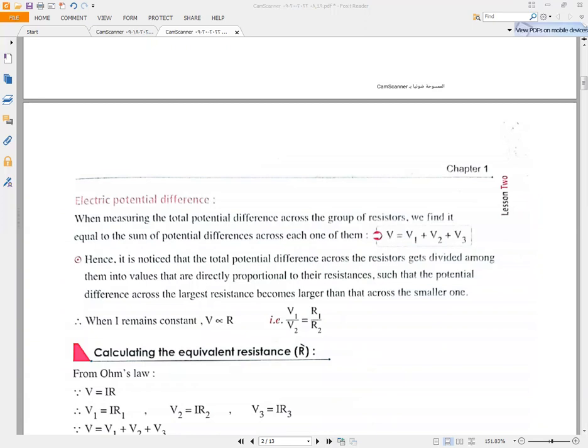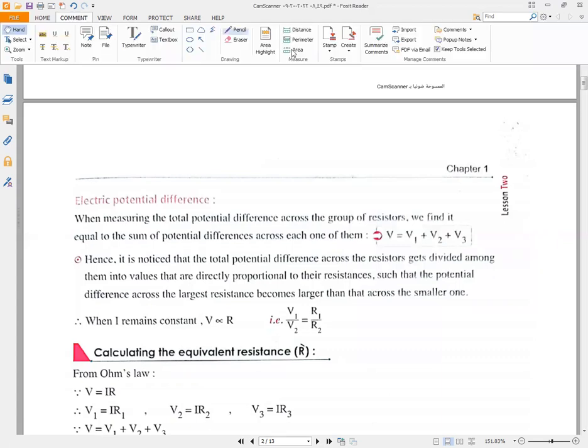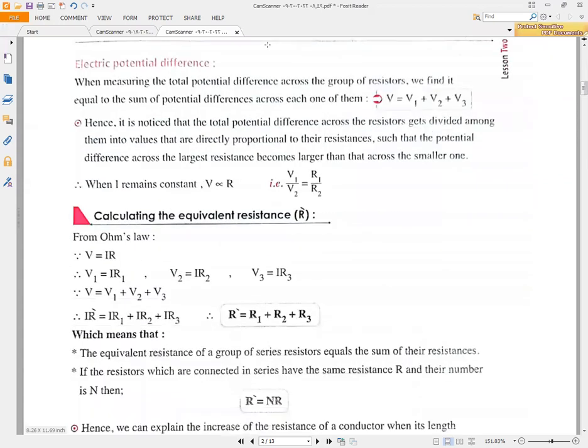When we calculate the total voltage, it equals V1 plus V2 plus V3. I is the same, so I R dash equals I bracket R1 plus R2 plus R3.